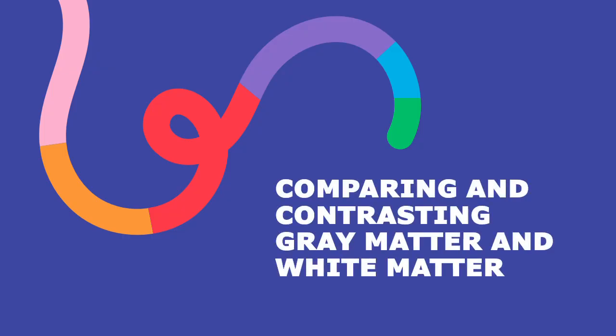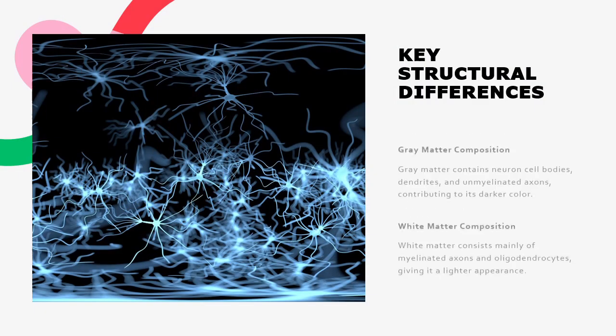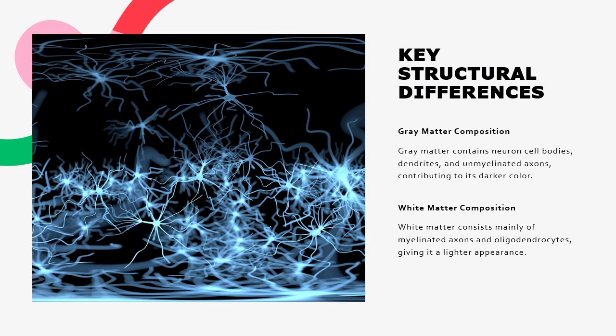Gray and white matter differ structurally and functionally, yet work together closely. Gray matter processes and integrates information, while white matter transmits signals quickly across the nervous system. Gray matter contains neuron cell bodies, dendrites, and unmyelinated axons, giving it a darker color.